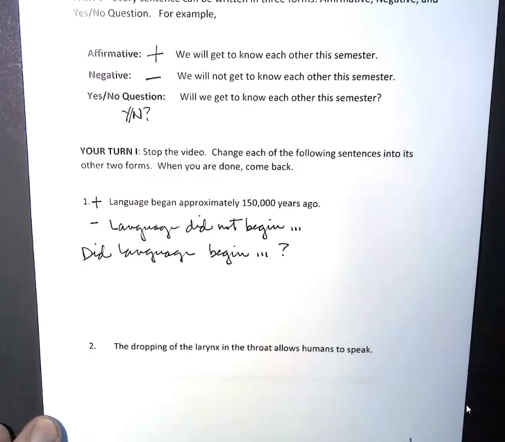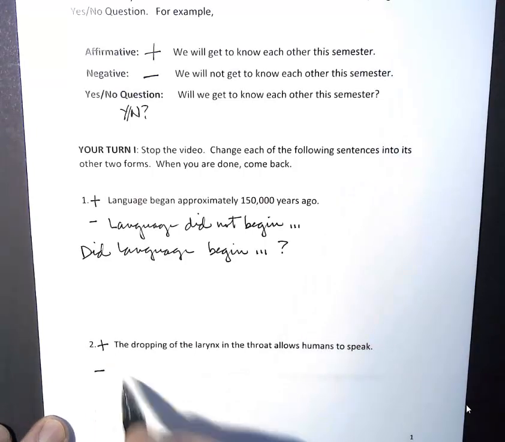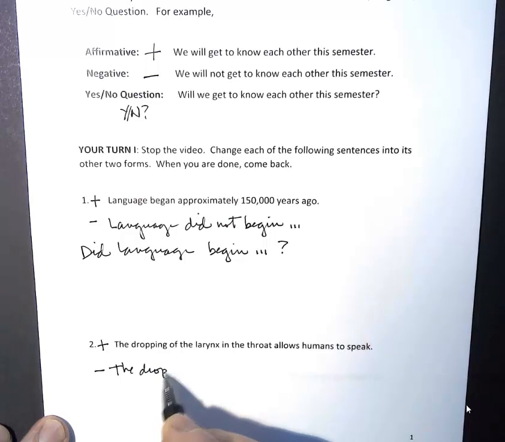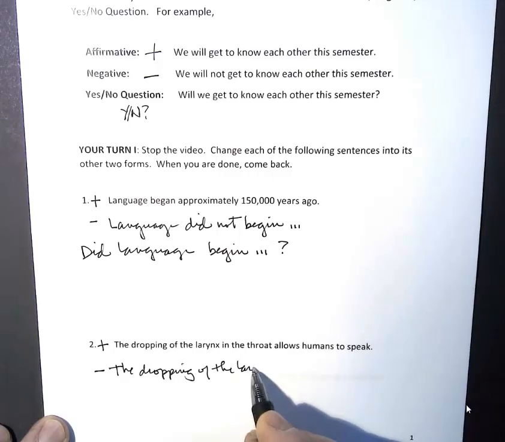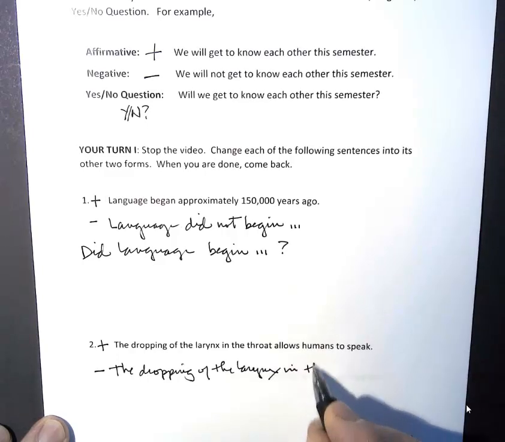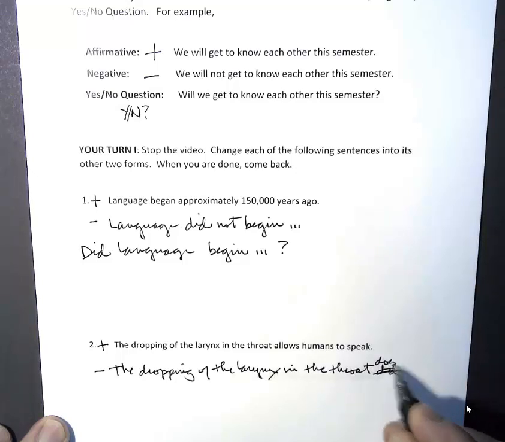Let's take a look at number 2. The dropping of the larynx in the throat allows humans to speak. This is an affirmative sentence. Let's change it to negative. The dropping of the larynx, it's always a hard word for me to pronounce, in the throat, does not allow humans to speak.